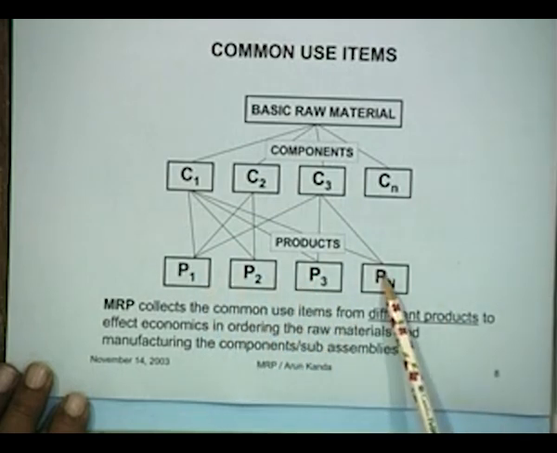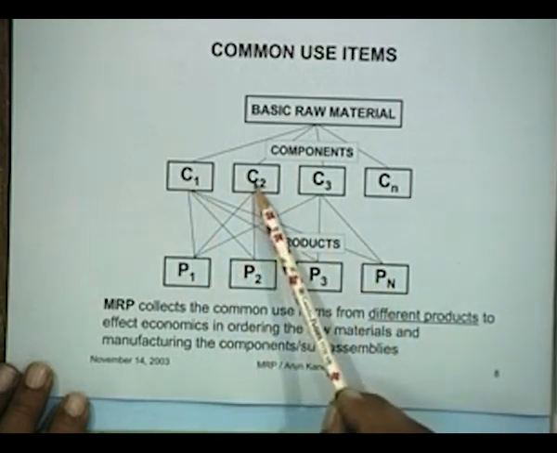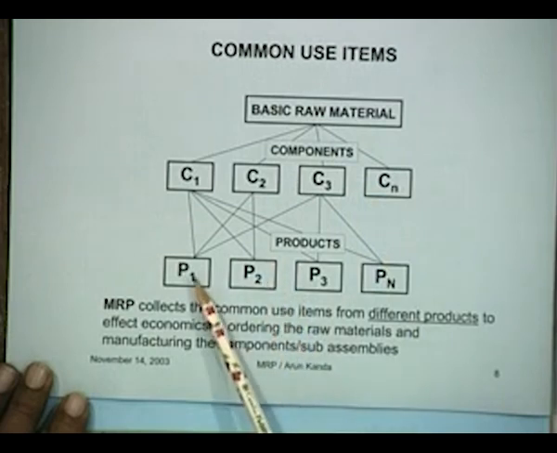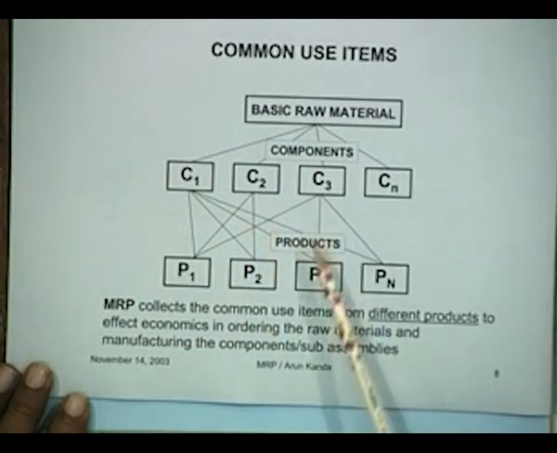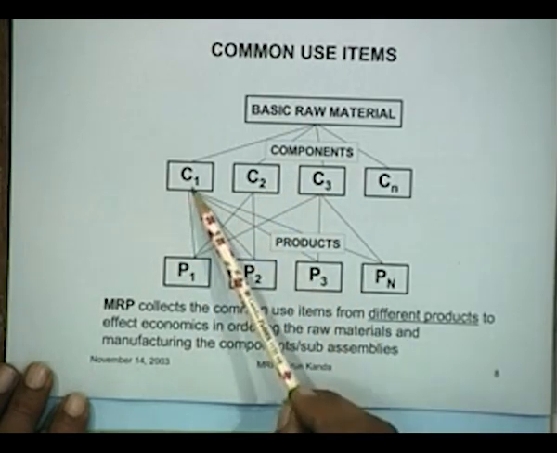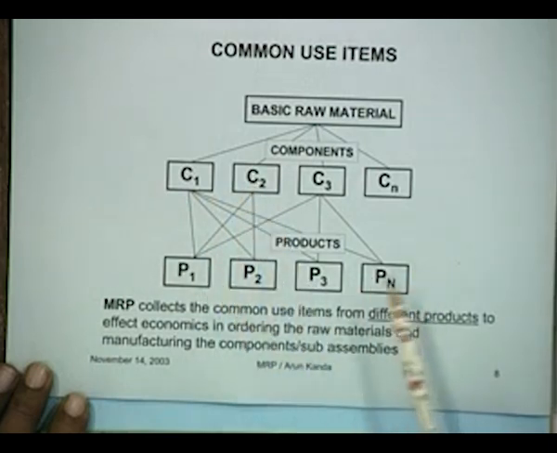These different products might be requiring different types of components. For instance, what is shown here is that P1 requires component C1, it requires C2 and it also requires C3. Whereas P2 requires only C1 and C2 and so on.